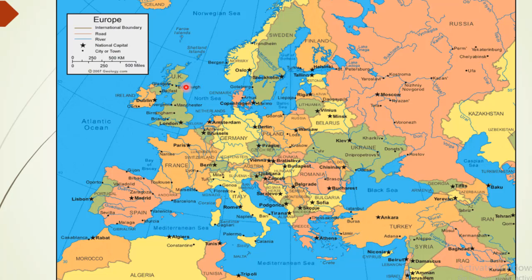France, then England, then Germany, then all other countries. Austria, nearby Germany we have Austria, Vienna is mentioned here. Some other countries we can see on this Europe map. This is the present map.